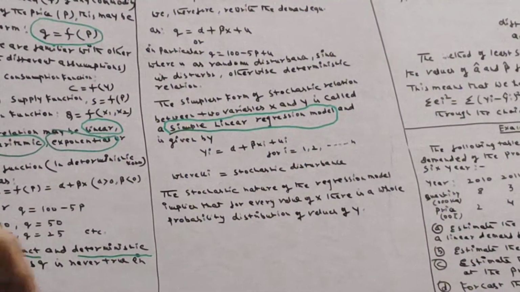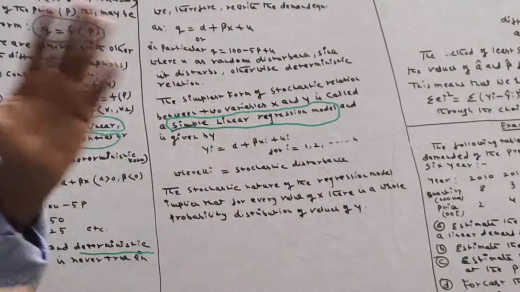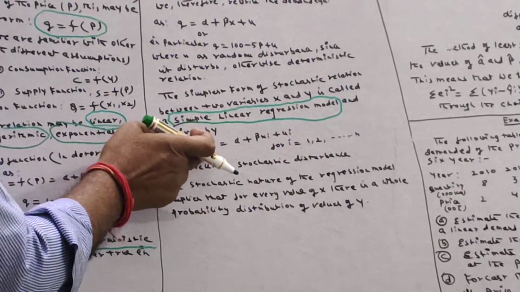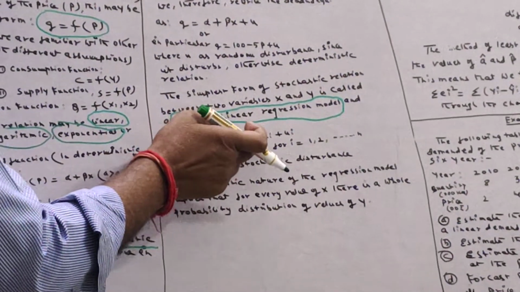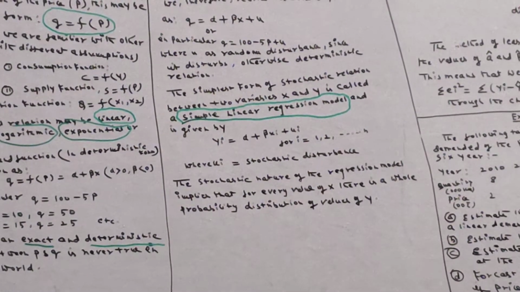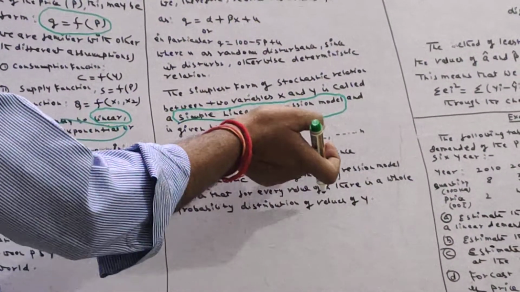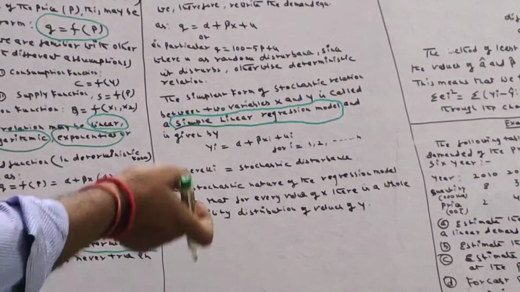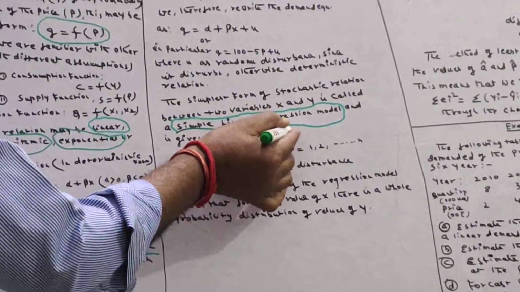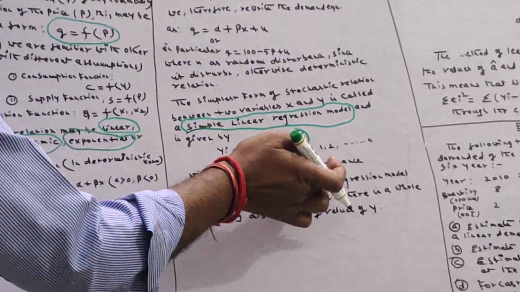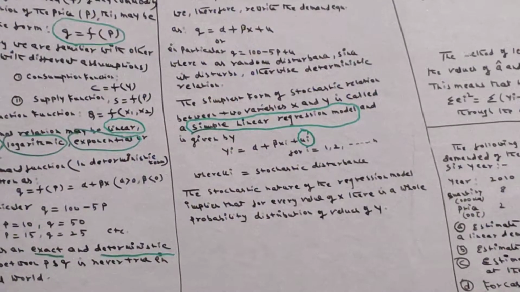It is called the simple linear regression model and is given by Yi equal to alpha plus beta Xi plus ui, for i equal to 1, 2, ..., n, where ui is the stochastic disturbance.